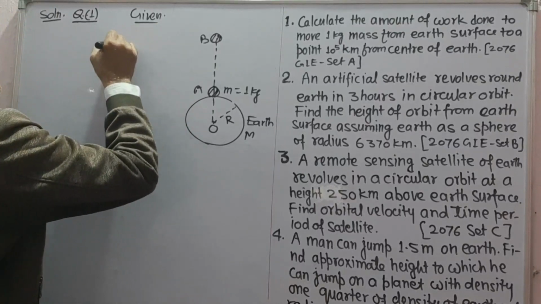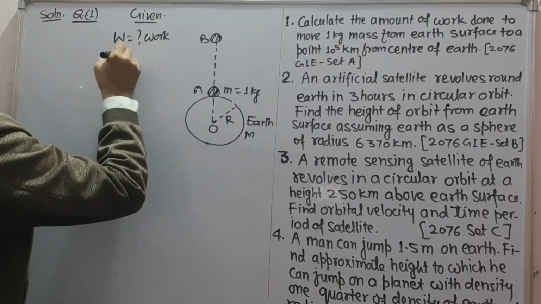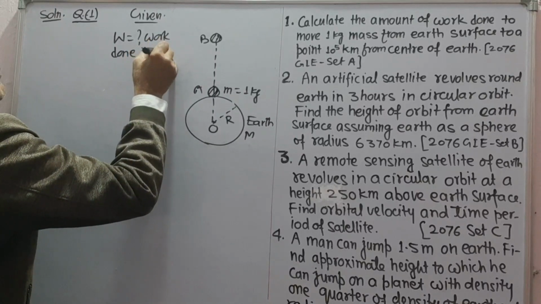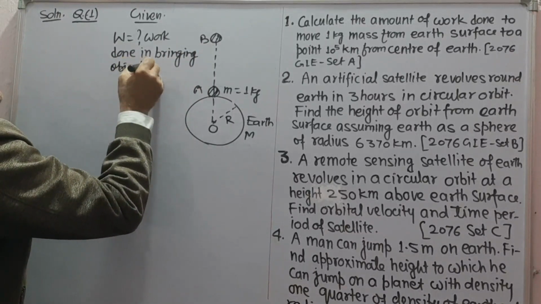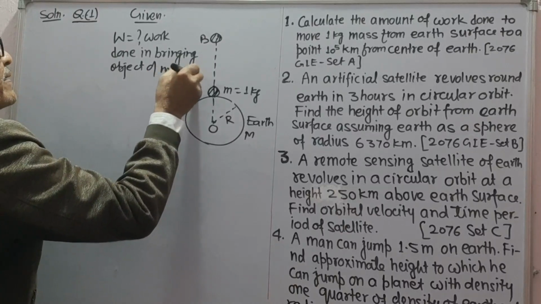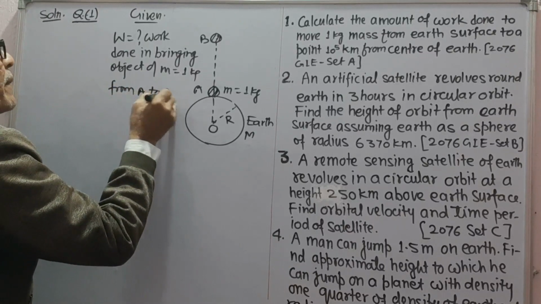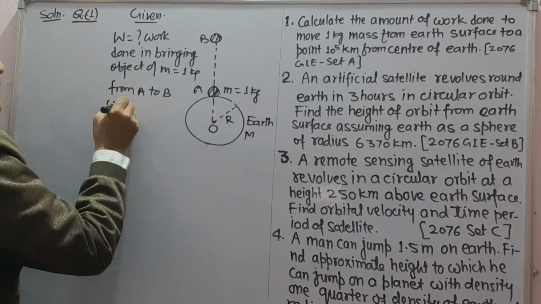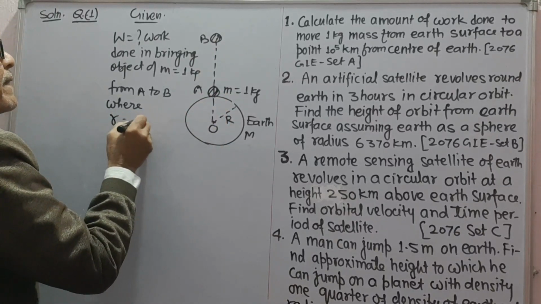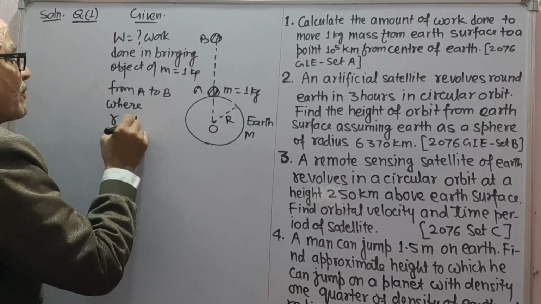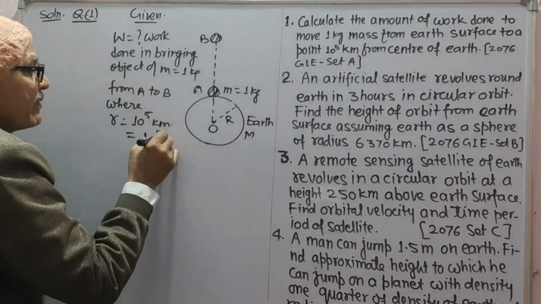So we have to find W, work done in bringing object of mass m is equal to 1 kg from A to B, where distance of B from center of earth is r is equal to 10 to power 5 kilometer, which may be written as 10 to power 8 meter.